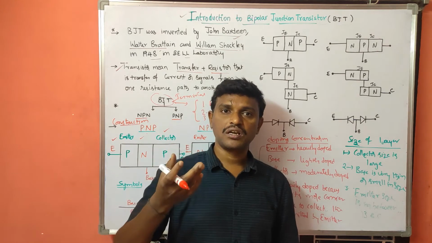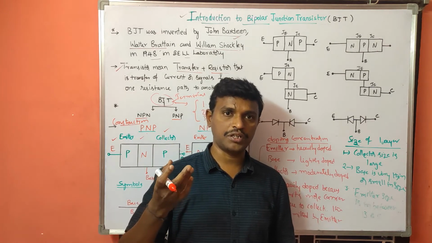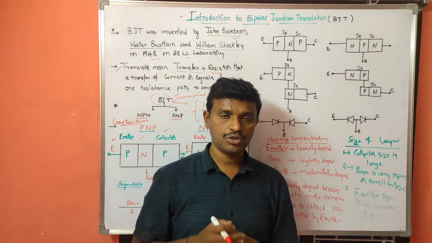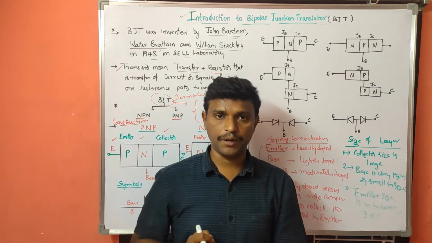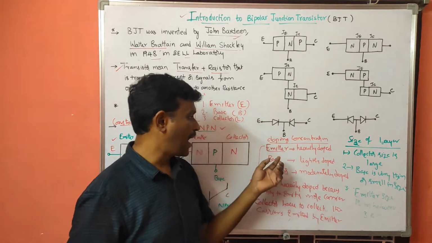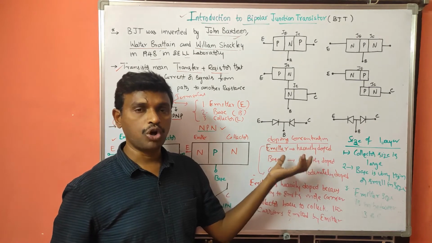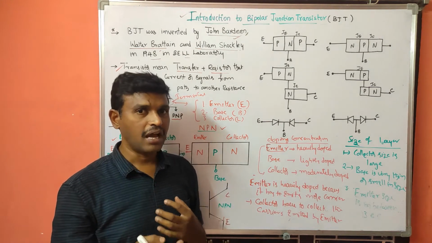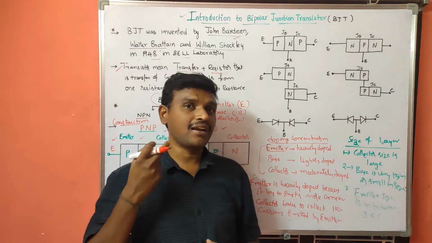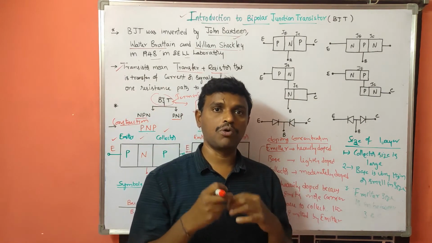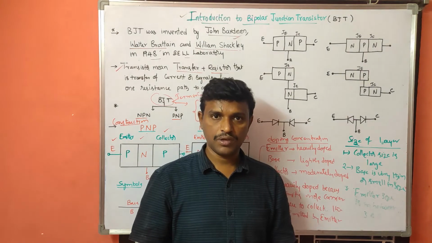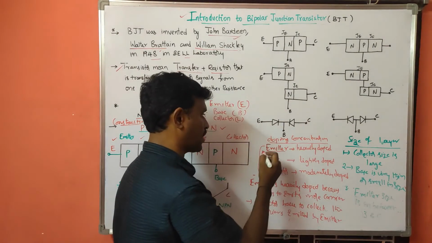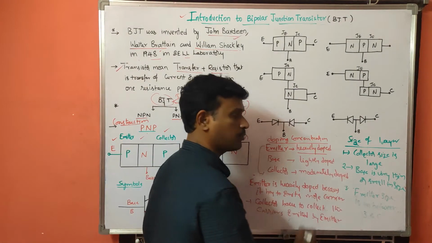If I increase the doping to 10 phosphorus atoms, 10 free electrons will be obtained. So with more doping, more free electrons are available so it can emit more carriers. That's why it is called the emitter and it is heavily doped.